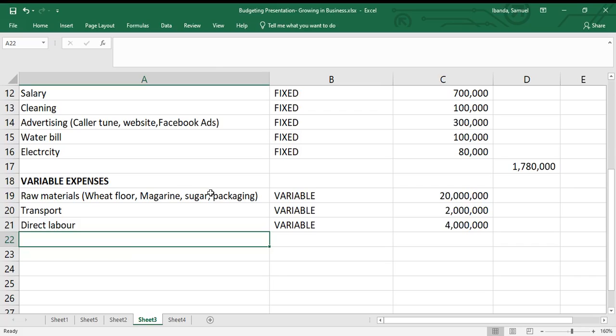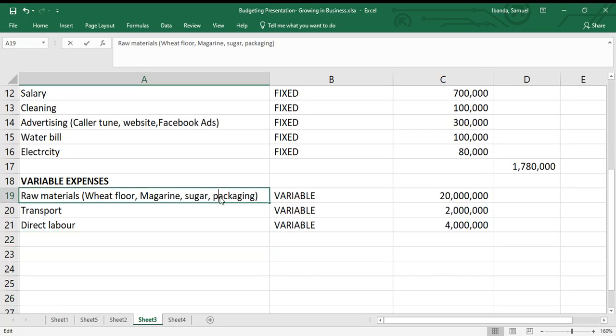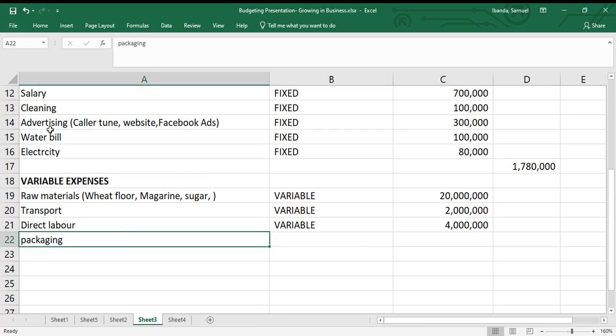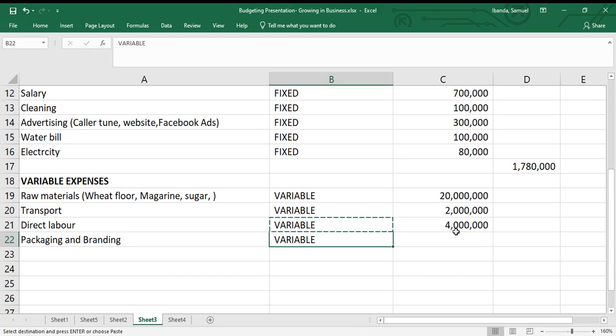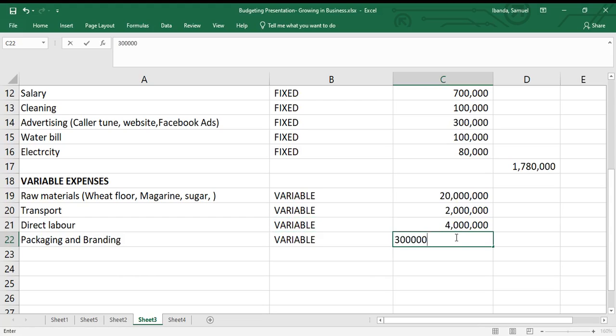I've already talked about packaging, which is very important, but maybe I could put it as a separate field here: packaging and branding. Maybe you brand your products, you put a label on them. Maybe this could also be variable, about 3 million that you incur. So what this would mean is that my overall variable expenses here get me to 29 million.